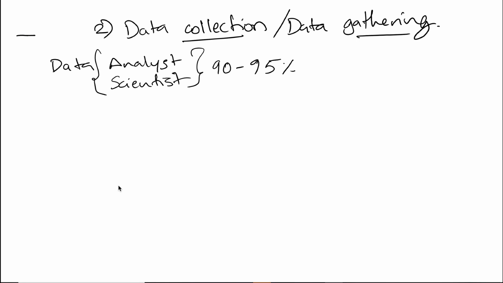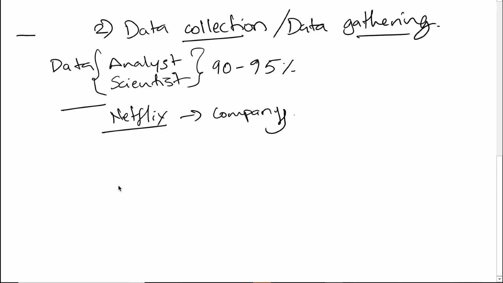You need data so you can analyze it and you can work with it. Now there are different ways to collect data. So let's say you are working for Netflix. So how do you acquire data? You can get it from the company. The company can provide you with data, or you can use APIs.